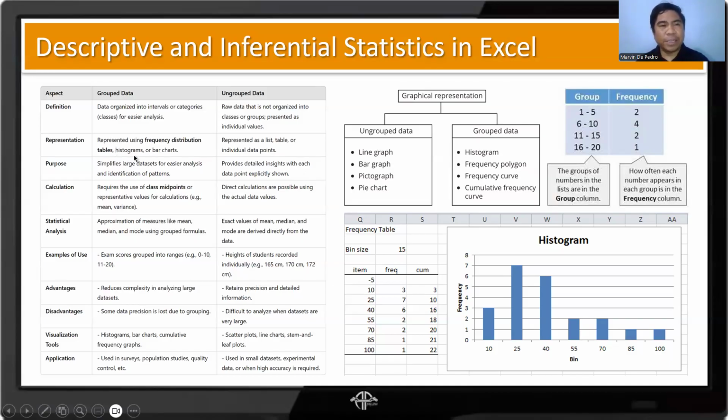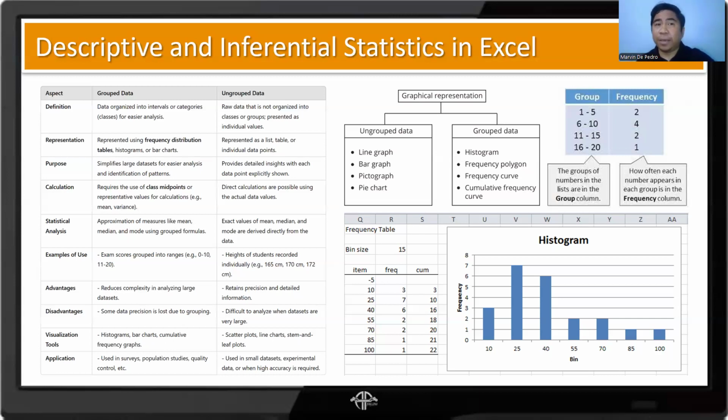Okay. As for the height, we cannot just group. Although yes, it's possible that you're just concerned with how many are below this height, how many are within the middle, how many are above.